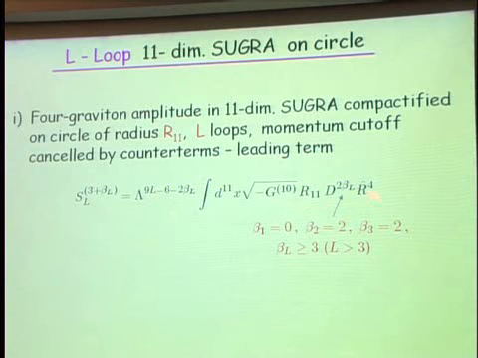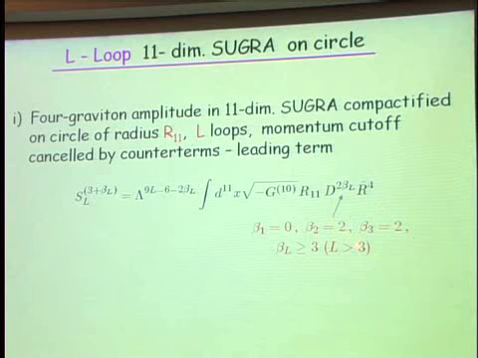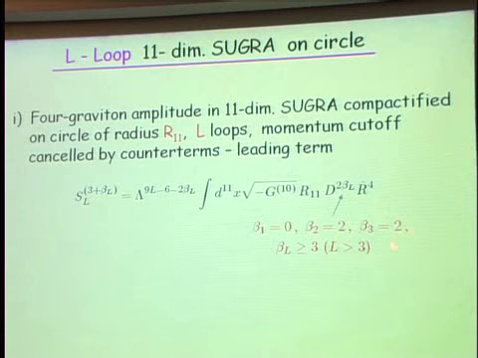What we know about this is that at one loop, you just get R to the fourth, that's what I told you before. At two loops, you get D to the fourth R to the fourth, that's what I told you before. And now, with the new results, we know at three loops, there's a misprint, sorry, this should say three, there is a D to the sixth R to the fourth outside the amplitude.